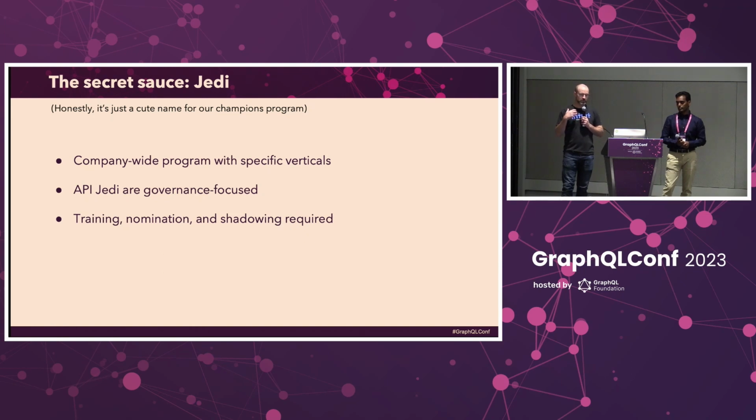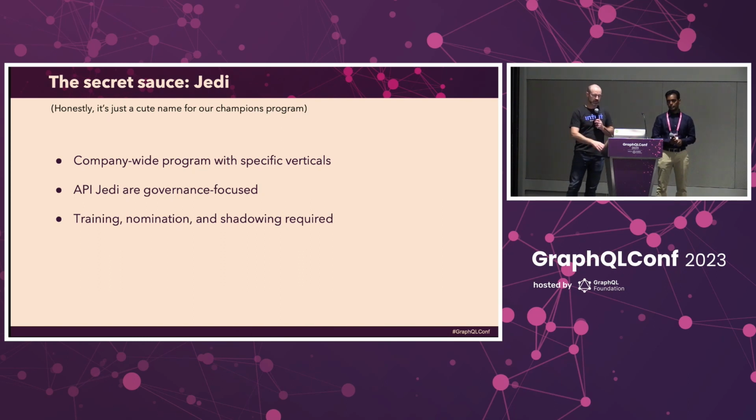And once you become a Jedi, there are some responsibilities that come along with that, like being on a committee that reviews questions and things that come up so that we can continue to refine our guidelines. The important thing here is really just to establish a community where you have people regularly talking about these things.